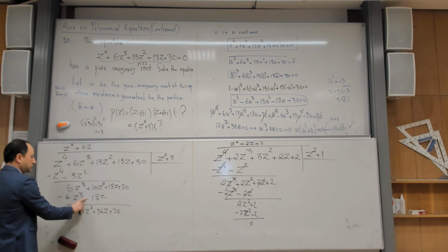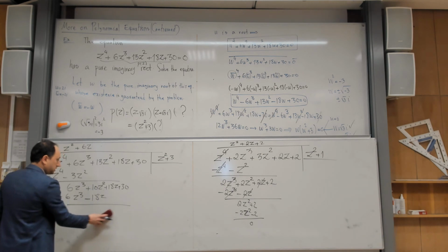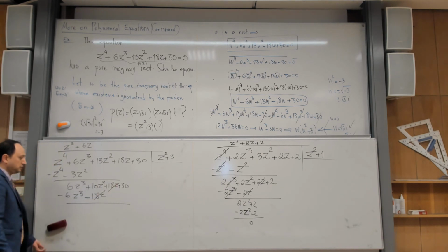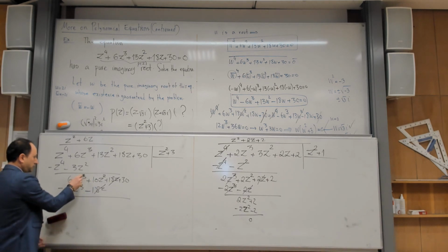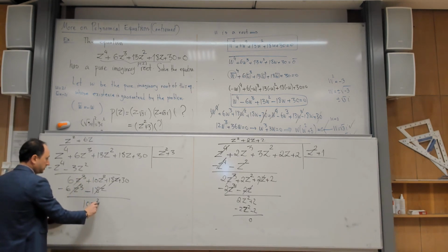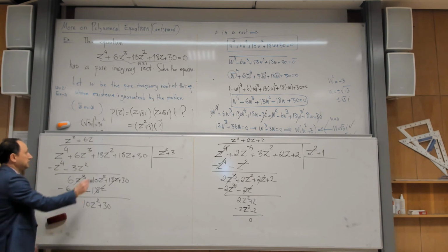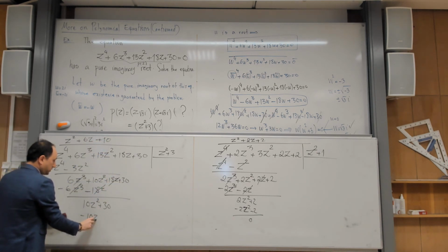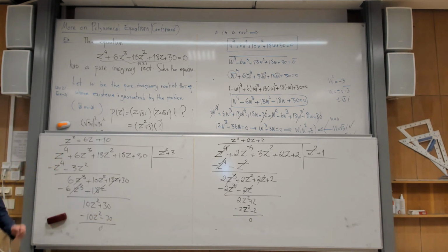I forgot to change the sign here. Yes, that is good now, yes? This one and that one are gone. That was my mistake. So 10z squared plus 30. And then you divide, there is a 10 here. And then it becomes minus 10z squared minus 30. So that's correct. I forgot to write this minus.